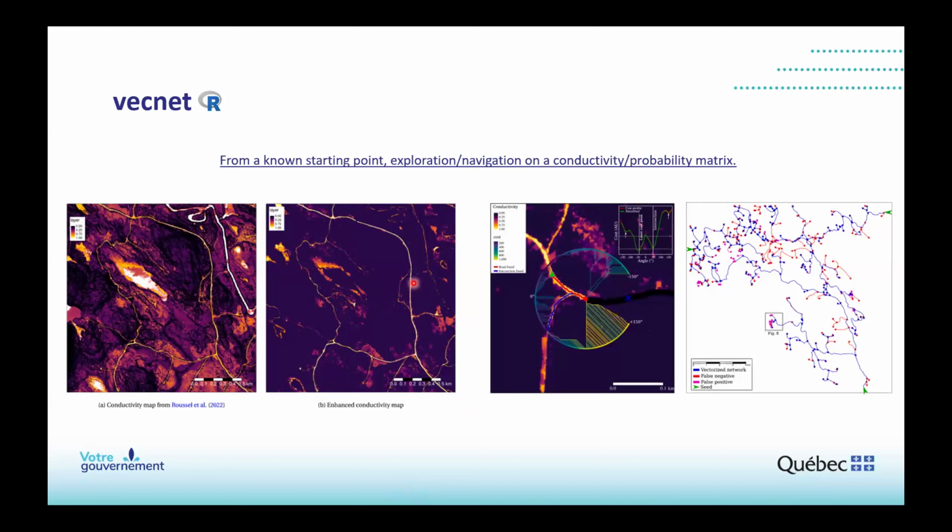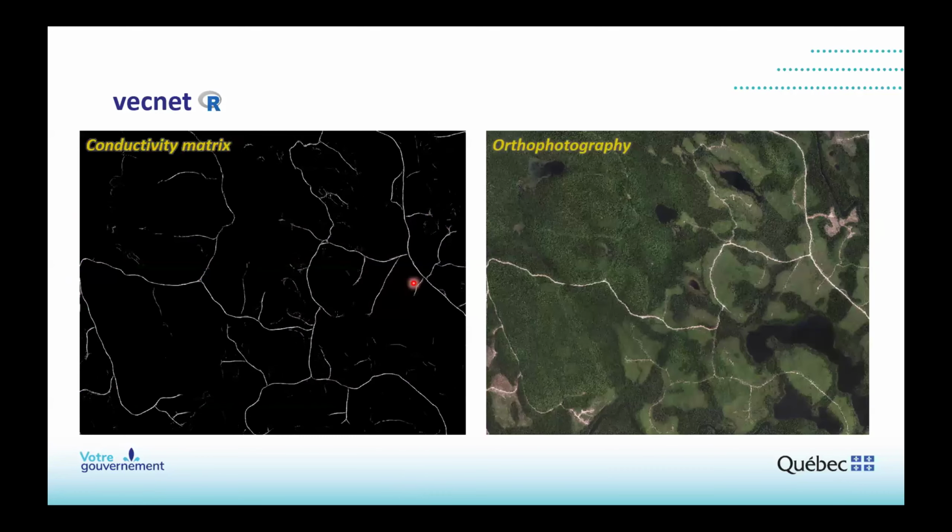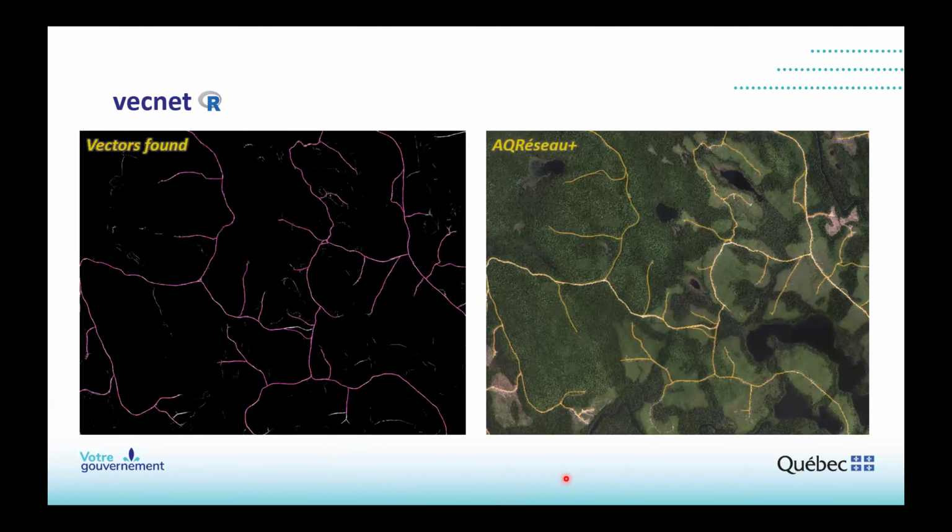So it continues its investigation. For example, this is a VectorNet conductivity matrix compared to an orthophotography. And this is what vectors were found compared to the data we have from AccuRéseau Plus.